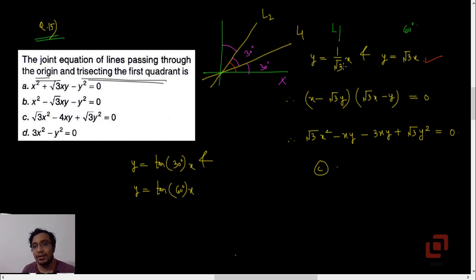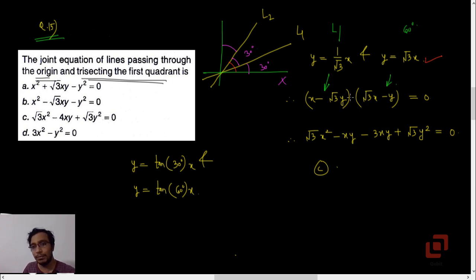First you have to rearrange them in such a way that one of the sides is 0. For y equal to 1 upon root 3 x, multiply both sides by root 3 and shift root 3 y to the right hand side. That will give you x minus root 3 y equal to 0, and for the other it is root 3 x minus y equal to 0.